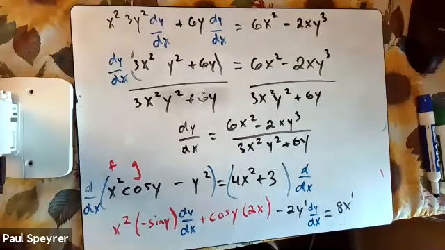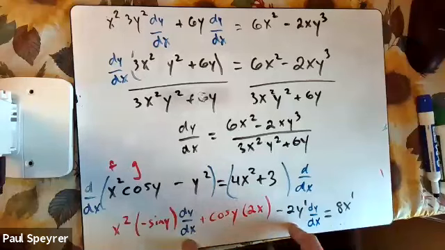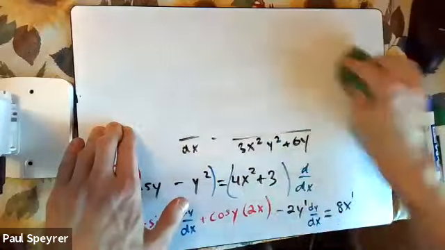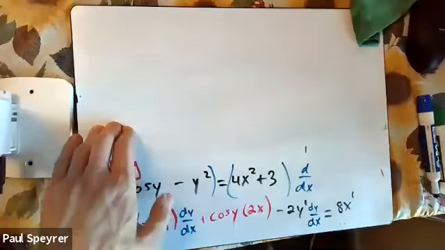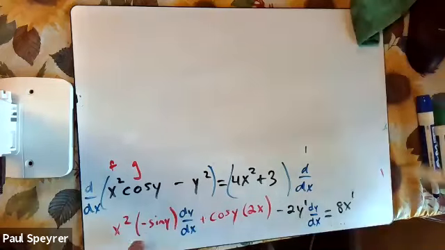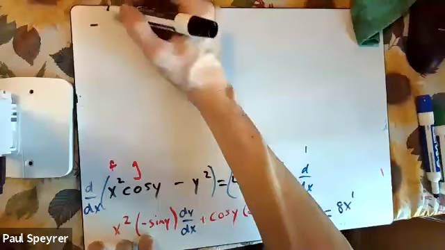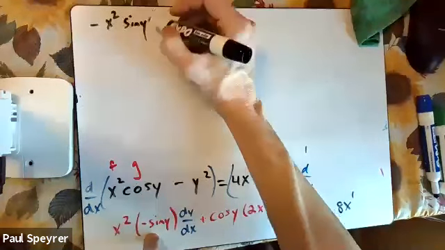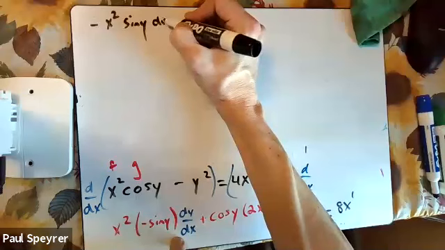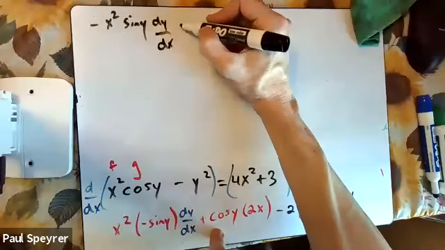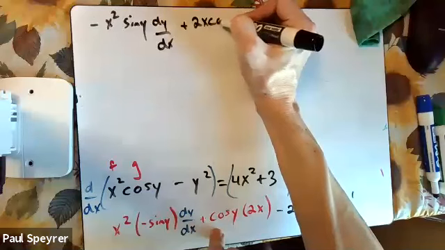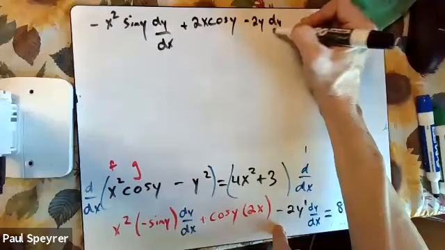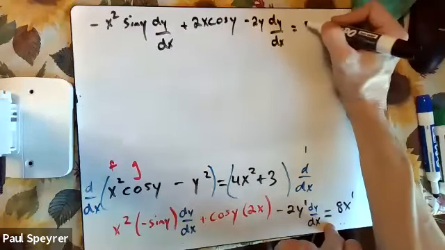Now it's the same other steps like before, right? We gotta get the dy dx stuff on one side, all the other stuff on the other side. So we actually have a negative x squared sine of y and then dy dx, and then plus 2x cosine of y, and then we have minus 2y dy dx equals 8x.